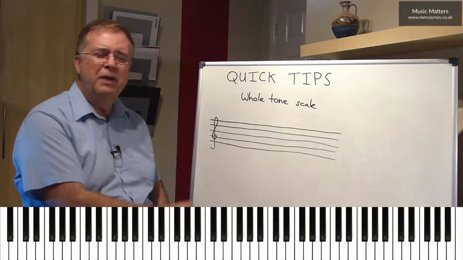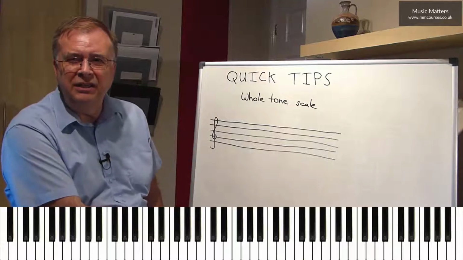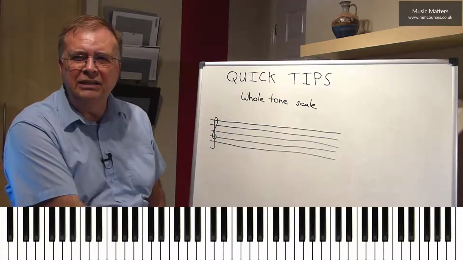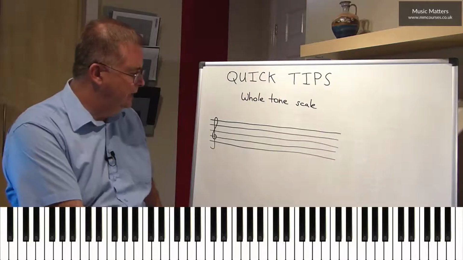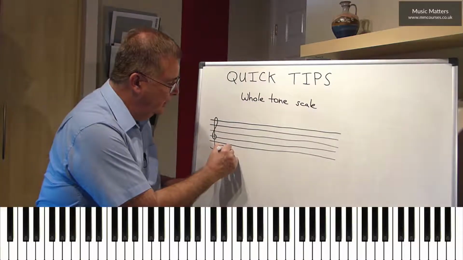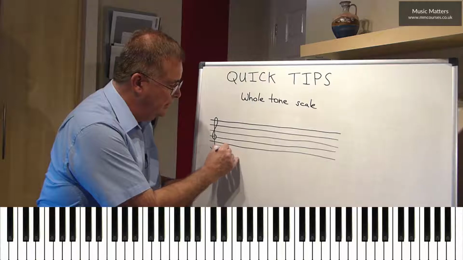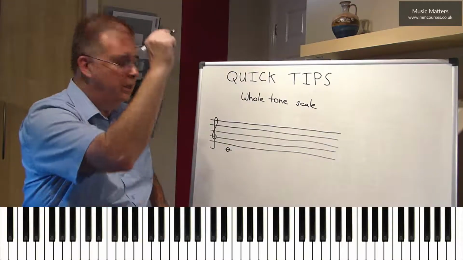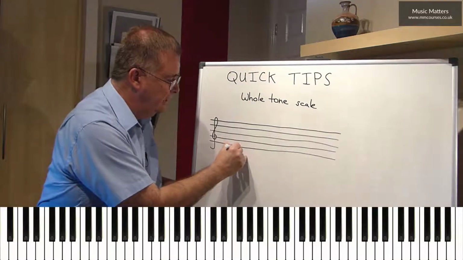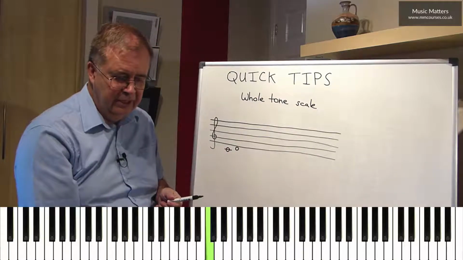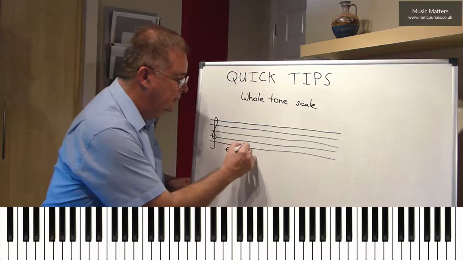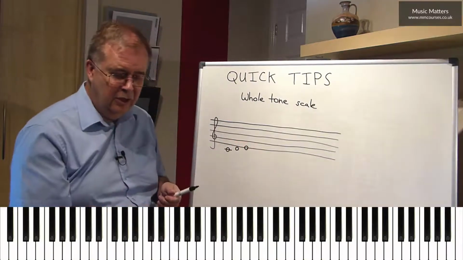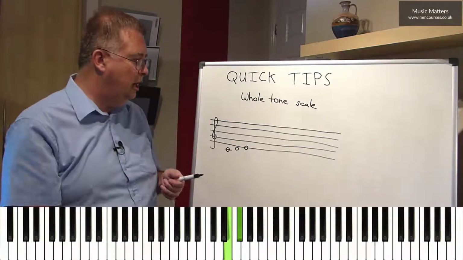And some of you may have just happened to have played one of these things. Perhaps if you're doing grade 8 on certain instruments, you might have to play a whole tone scale. But this is how it might go. So if I start a whole tone scale on C, what I'm doing is going up in tone. So a tone above C is D. Here's C. There's D. That's a tone. A tone above D is E. A tone above E is not F, but actually F sharp.